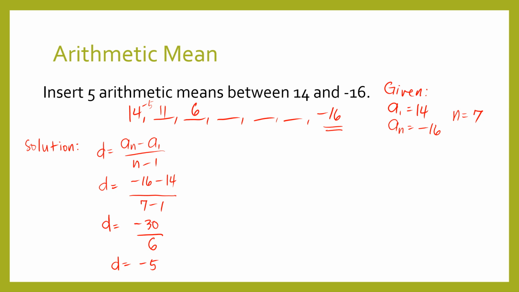Then 6 minus 5, of course, 1. 1 minus 5 is negative 4. Negative 4 minus 5 is negative 9. Now, the question is, if you add negative 5 to this, will it become negative 16, the last term? If yes, then you are correct. So therefore, our arithmetic means are 11, 6, 1, negative 4, and negative 9.